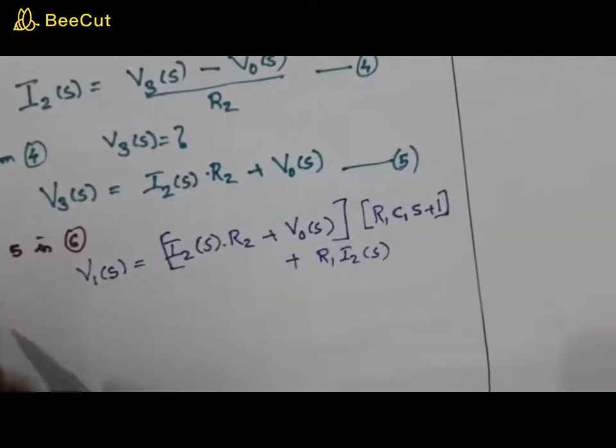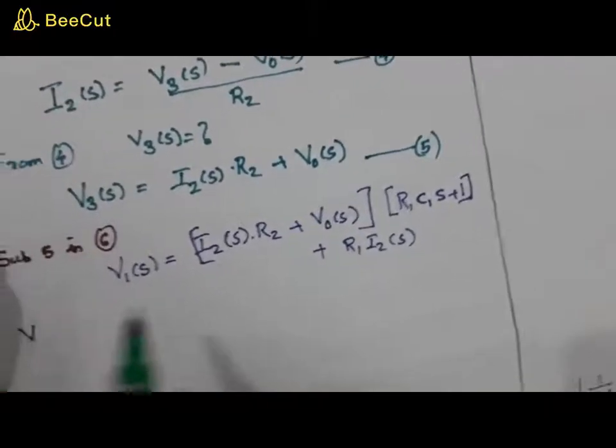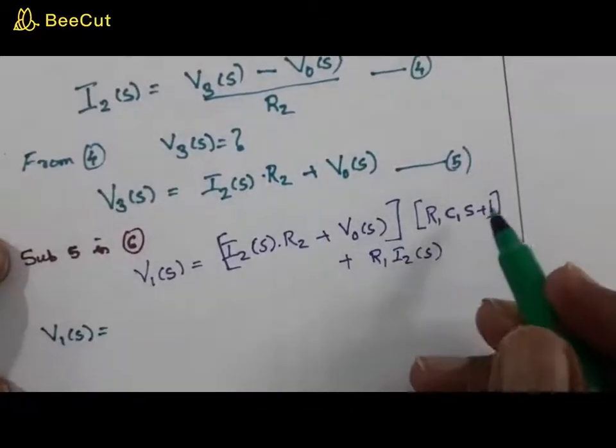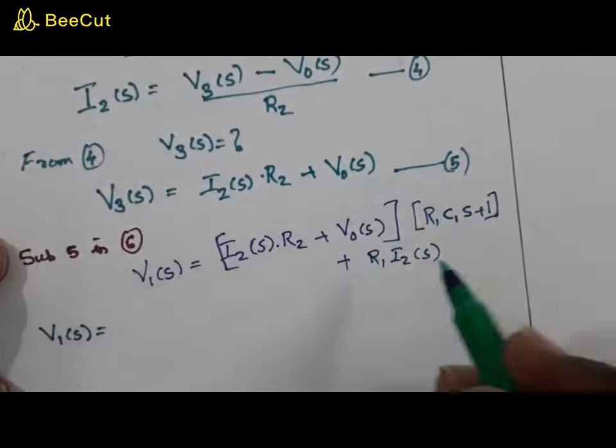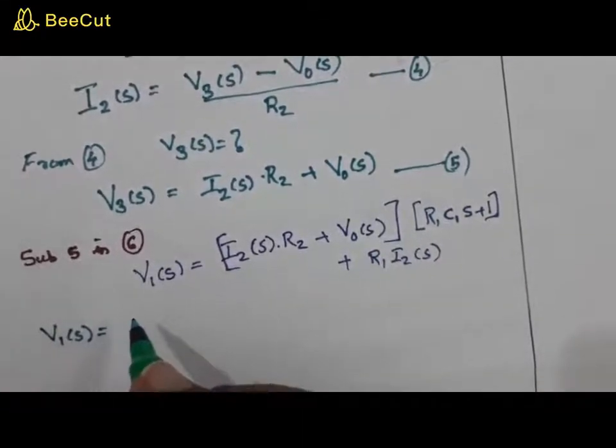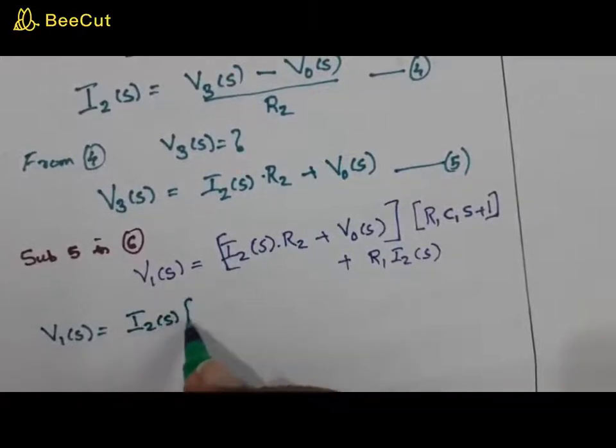Now rearranging this, V1 of s is equal to, you can take the I2 of s together, so that you will get I2 of s into, so what all terms come along with I2 of s?